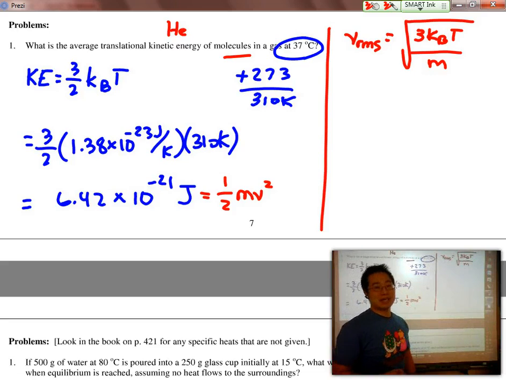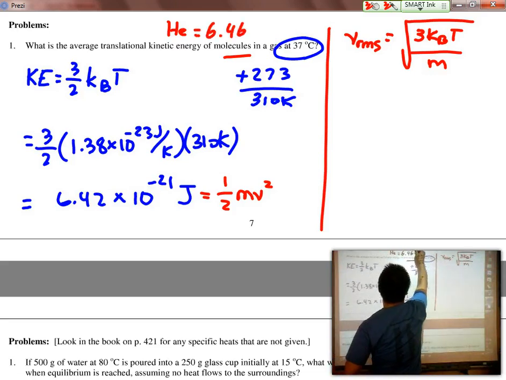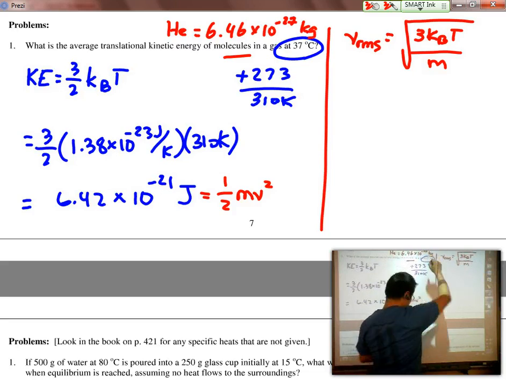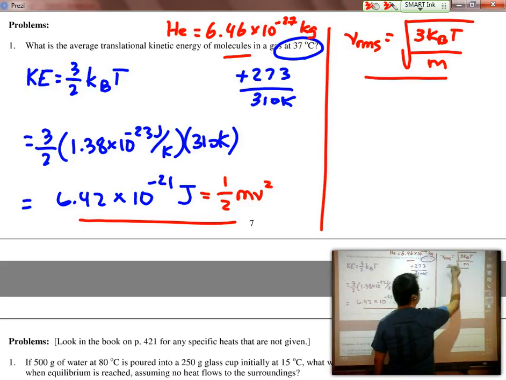Helium has a mass of 6.46 times 10 to the negative 27 kilograms. So whether you plug it in at the bottom over here or into this formula, we'll just plug into this one for now.